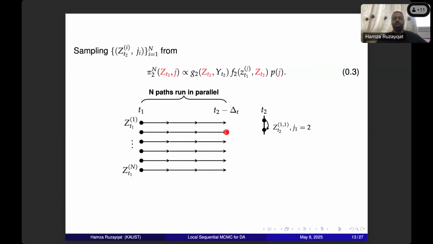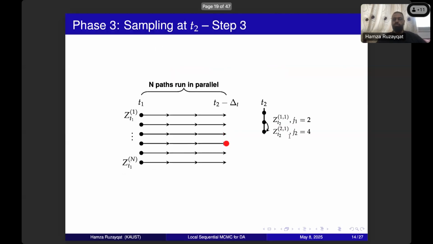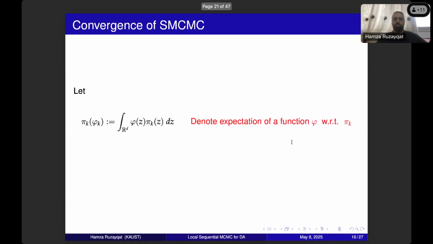So we pick the sample from time t2 minus delta t of index 2, and this will be here. Then we sample z_t2, and then we move. Now we sample j2, which is 4. So I pick the fourth sample from the previous time step, and then I generate z_t2, 1, and so on and so forth.